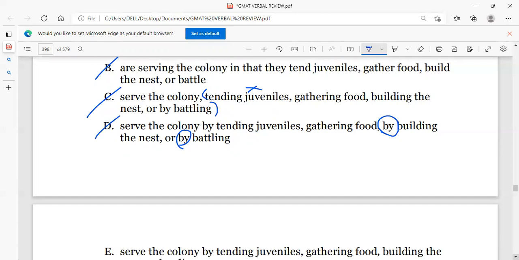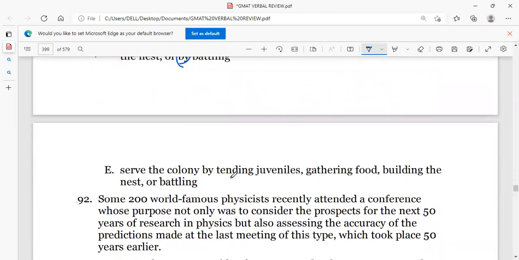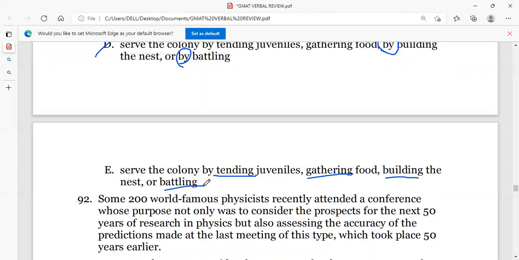Okay, let's look at option E. Serve the colony by tending juveniles, gathering food, building nests, or battling intruders. Tending, gathering, building, battling: as per the theory of parallelism, all have ing, right? So ideally, this is my answer.